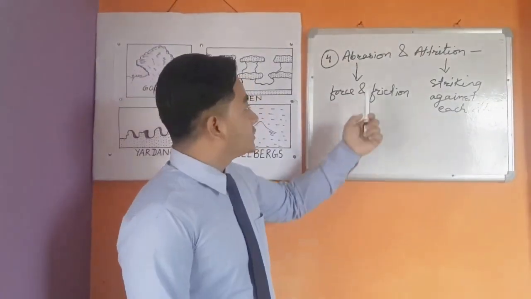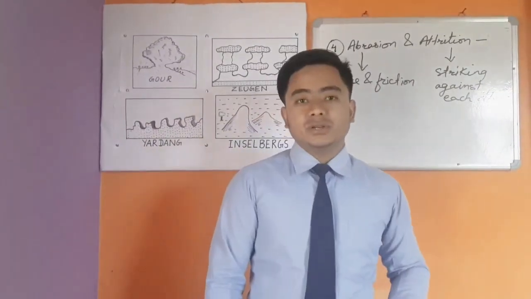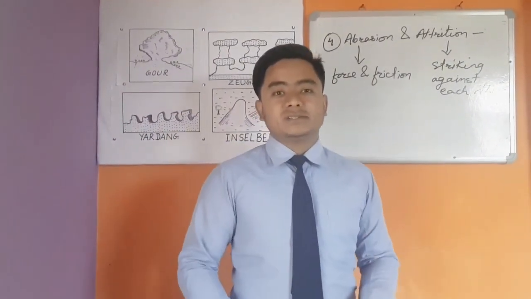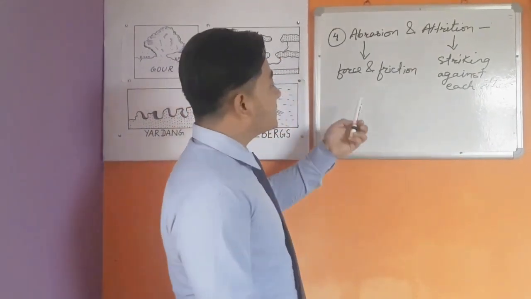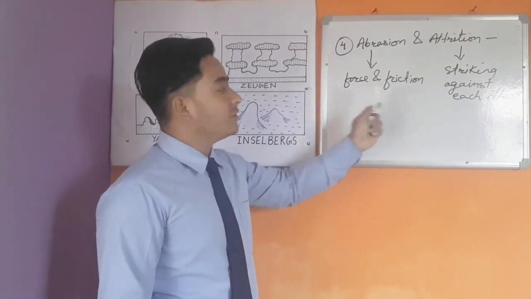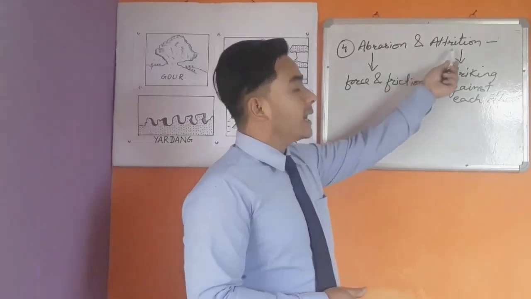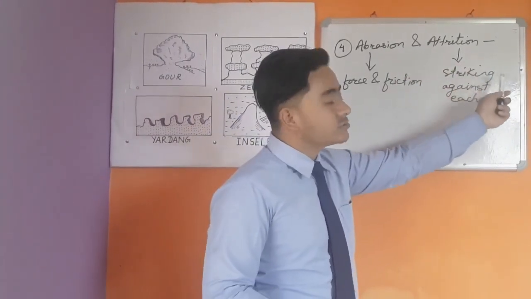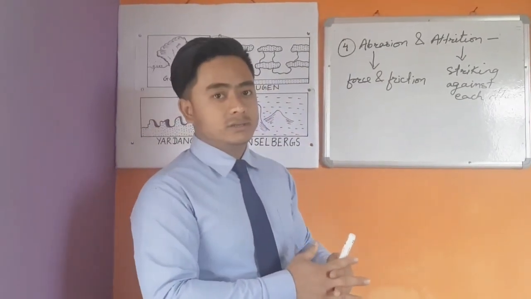The fourth cause is abrasion and attrition. In the previous lesson, we discussed abrasion and attrition in detail. In short, abrasion is the process of force and friction against the exposed rock, and attrition is the process of dust particles striking against each other.